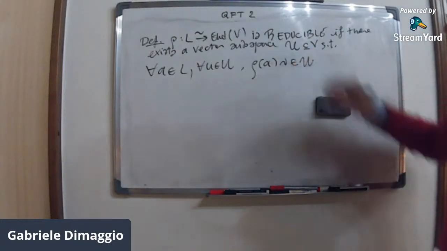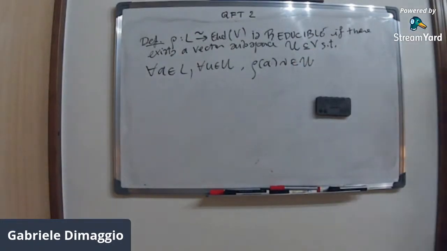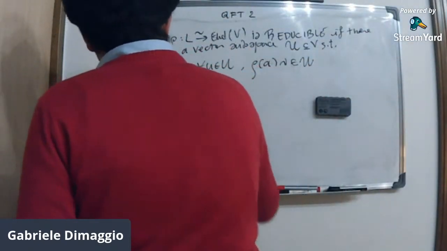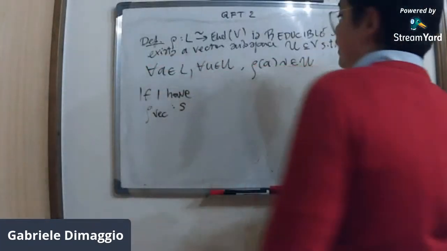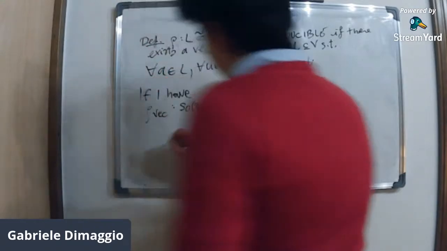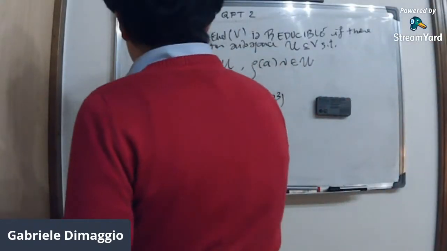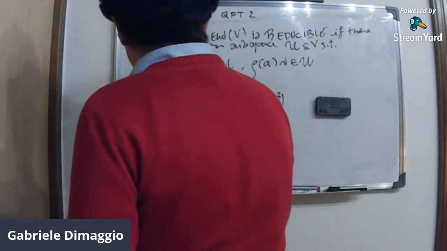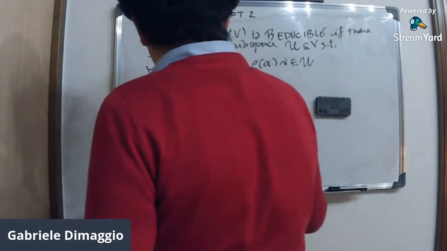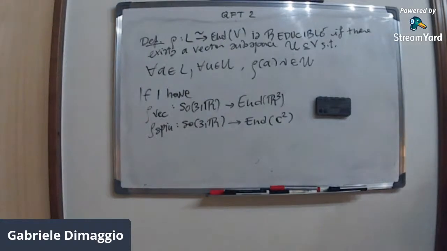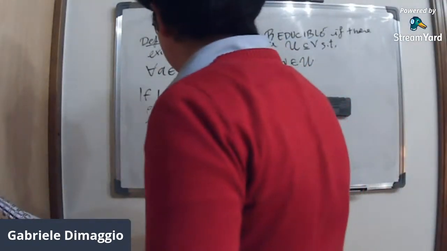Now, if I have, for example, the vector representation of the Lie algebra SO3, so the vector representation is this, and if I have the spinorial representation, this, I can construct another representation that I call rho.